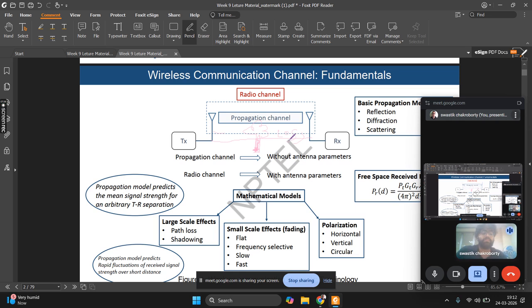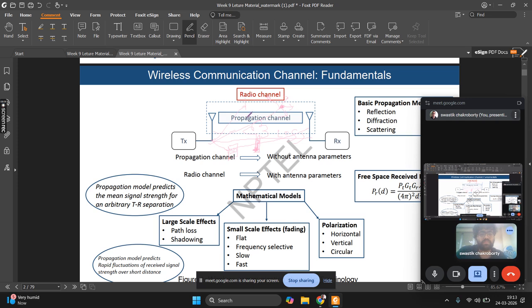Then how does the beam travel? Say there are buildings here. The beam will hit the surface of this building and will be reflected back to the transmitter. That is reflection. Another mechanism in which it travels is scattering, in which it hits some molecular particle and scatters in all directions. And another is diffraction.